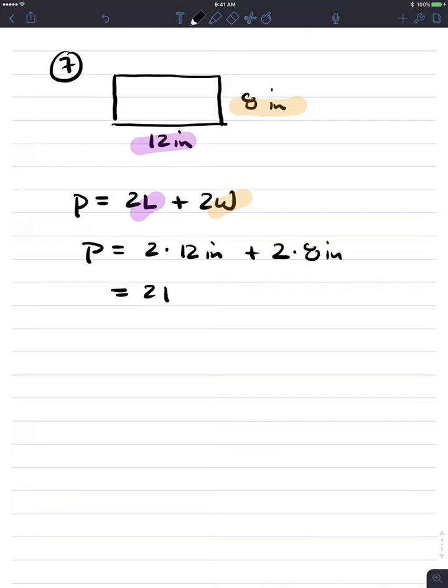Two times 12 is 24, so I get 24 inches, plus 2 times 8 is 16, so I get 16 inches. 24 inches plus 16 inches, 24 plus 16 is 40. And that's actually 40 inches. We keep the unit of inches.